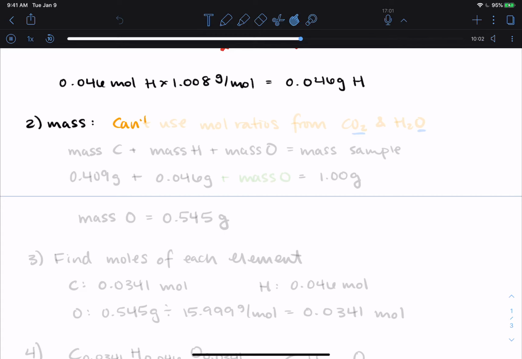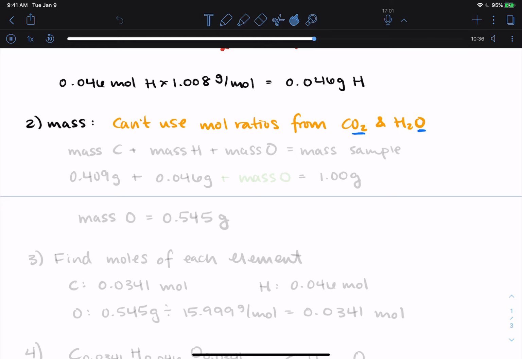We're going to say we can't use molar ratios from CO2 and H2O because these two oxygens in carbon dioxide, this one oxygen in H2O, we don't know if that oxygen came from the original sample or the O2 that we added in order for it to do the reaction.